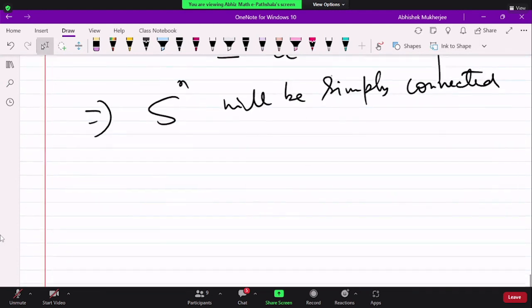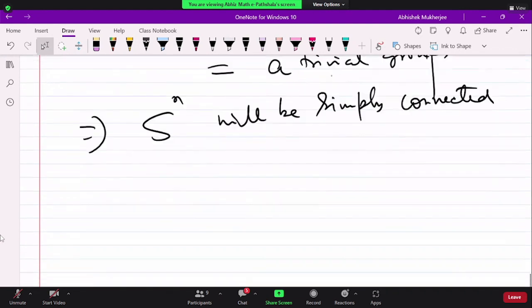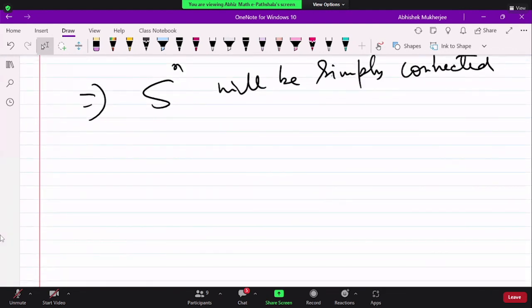Great. So now I'm going to finish the course by stating the classical version of the Seifert-Van Kampen theorem, which is like this.